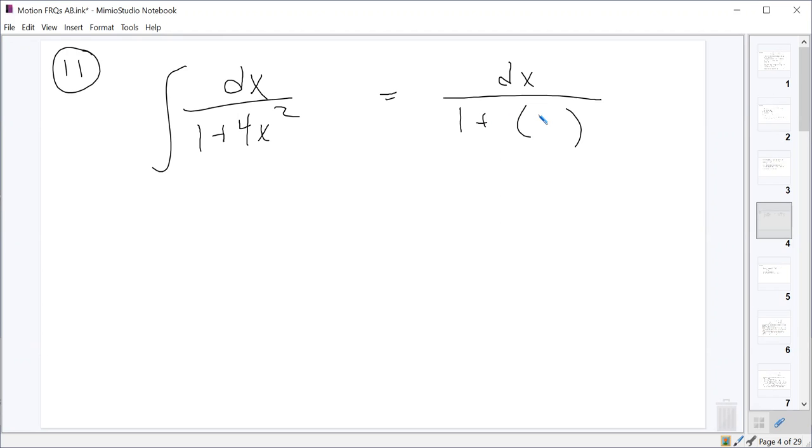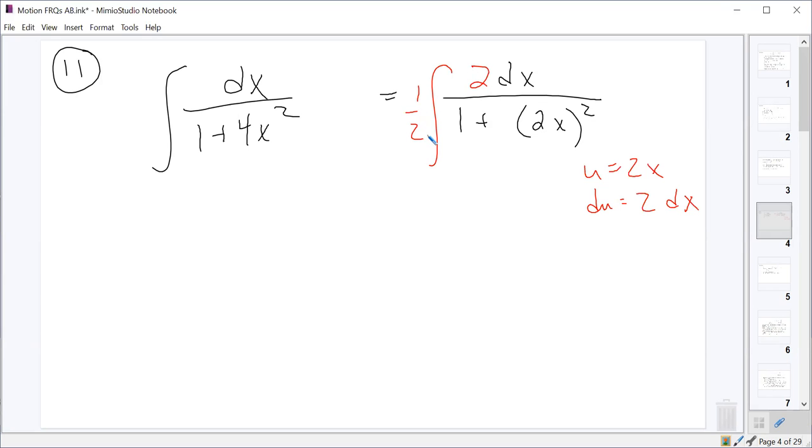What squared is 4x squared? 2x. Okay? So we're going to let u equal 2x. And if u is 2x, then du is 2dx. And if we want it to be 2dx, we'll put a 2 up there. And if we put a 2 up there, we'll have to put a 1/2 outside.